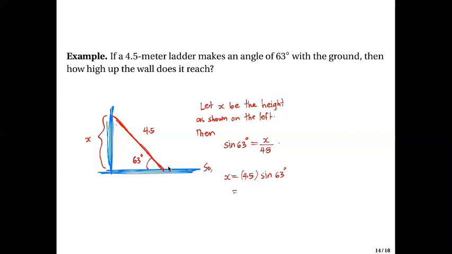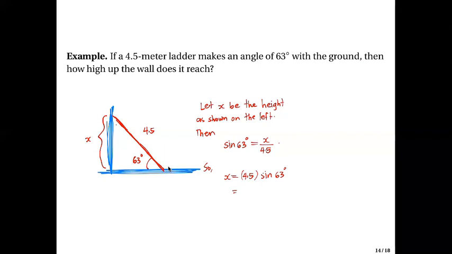And let us calculate this. 63 degrees, we get the sine of that. Okay? And then we multiply this by 4.5.